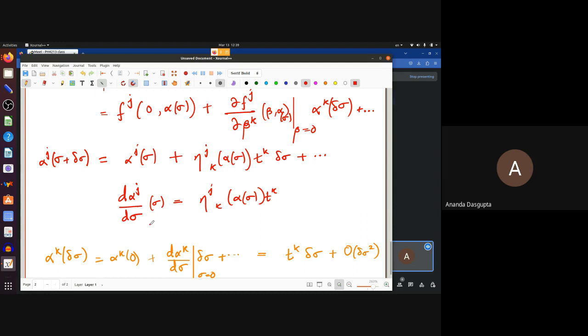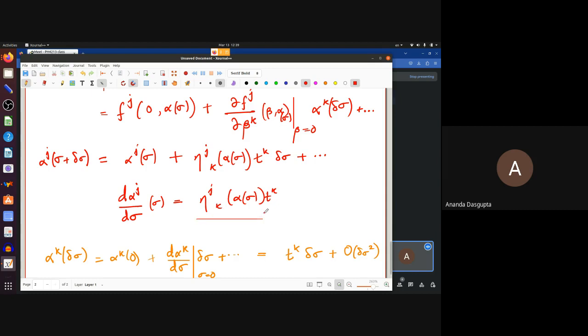So what do we have here? We have a bunch of differential equations for the functions alpha 1 of sigma, alpha 2 of sigma, up to alpha r of sigma. If you have given me the functions f j, from that I know what the eta jk functions are.